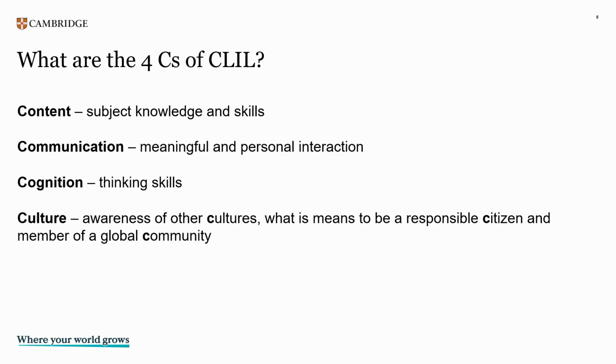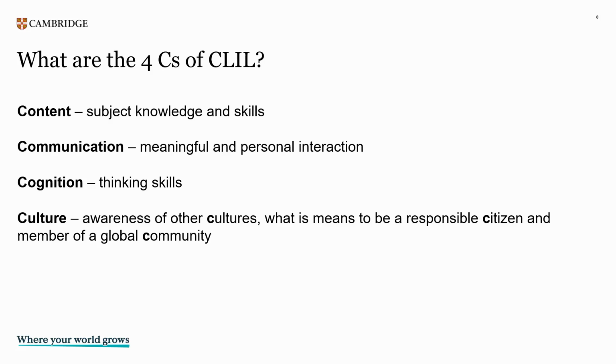What's our objective? Communication is something that runs through a thread throughout every CLIL lesson, something meaningful and hopefully something personal to the students. Depending on the content, communication might be a little bit complex. It may be difficult to make things meaningful or personal to the students if we're talking about some aspects of maths or some aspects of complicated science.